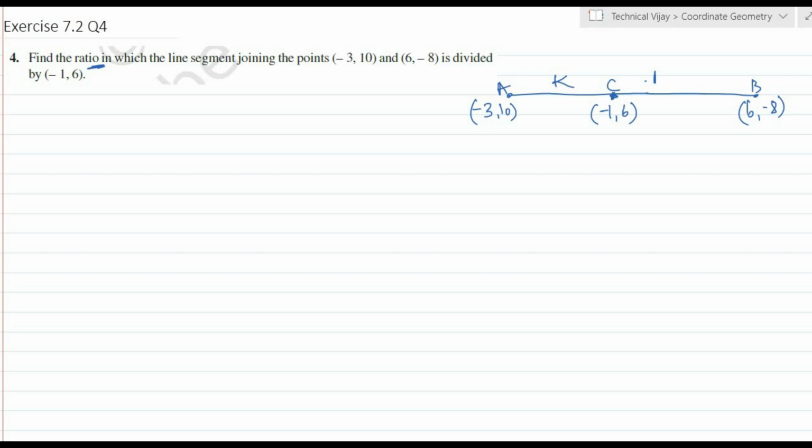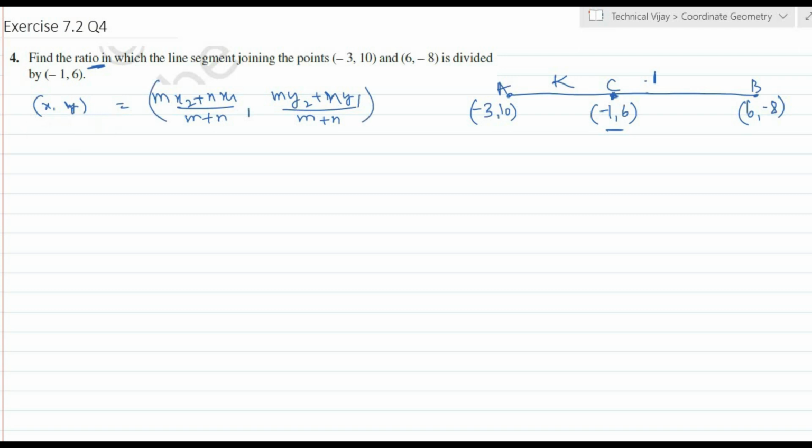So the coordinate of this point we know: -1 comma 6 is the x, y coordinate, which is equal to (m x2 plus n x1) divided by (m plus n), comma (m y2 plus n y1) divided by (m plus n).